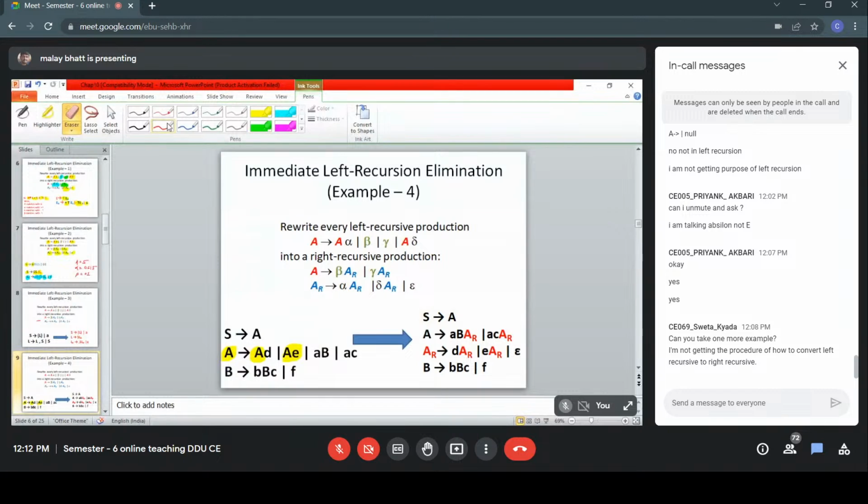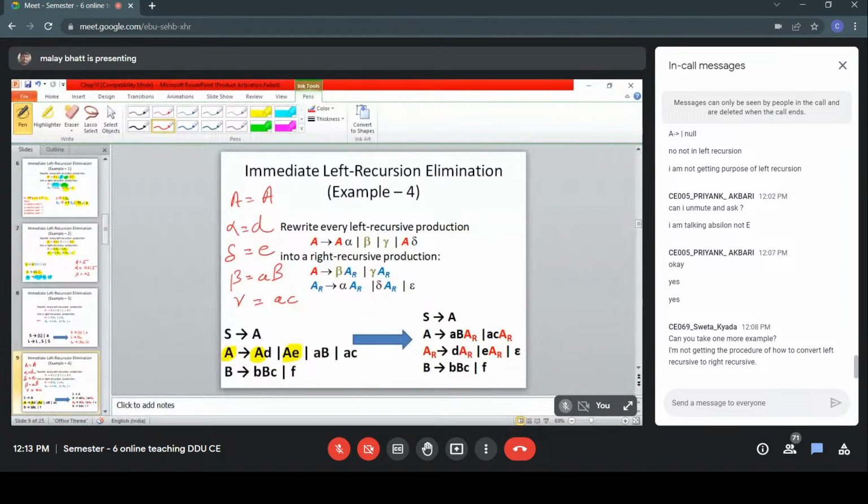So now if you match A is equal to A here, we have alpha that is equal to D, we have delta which is equal to E, we have a beta that is equal to small a, capital B, we have gamma which is equal to small a, small c. We have all the parameters here: A, alpha, delta, beta and gamma. So now as per the rule we'll write beta AR.